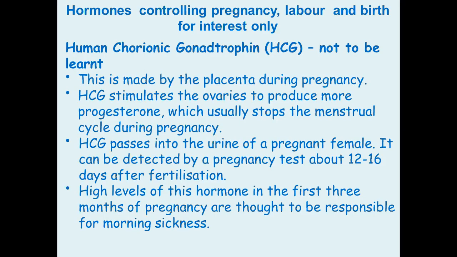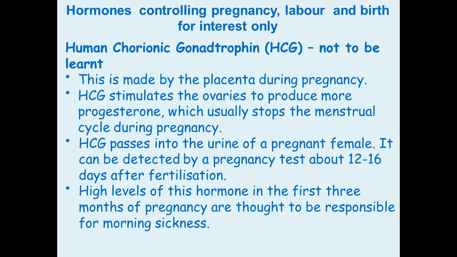Right, so that's the end of the structure of the placenta. I'm going to go back and just briefly mention again human chorionic gonadotrophin, or HCG, which is not to be learned. Remember, it is made by the placenta during pregnancy. This point is important, but you don't have to know it. It stimulates the ovaries to produce more progesterone, because remember, it maintains the corpus luteum.